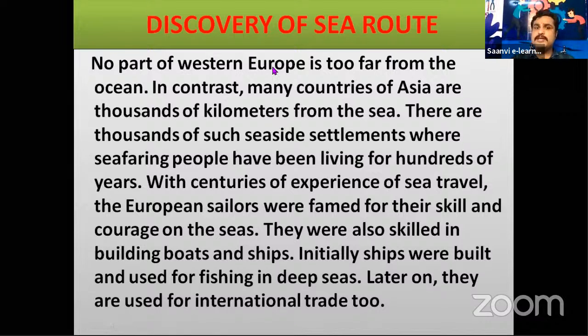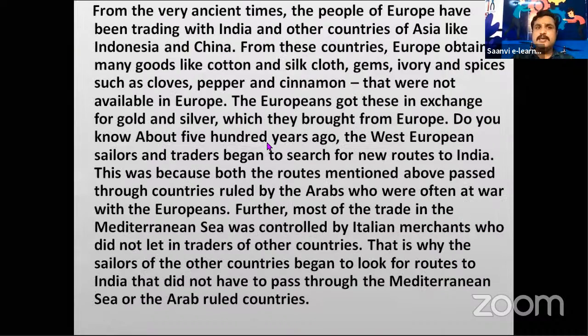And about explorers, from very ancient times, the people of Europe have been trading with India and other countries of Asia like Indonesia and China. See how many countries, from ancient times onwards, the Europeans have been exchanging goods and services with. What is the meaning of trade? Exchange of goods and services, generally we call trade, for income or wealth.